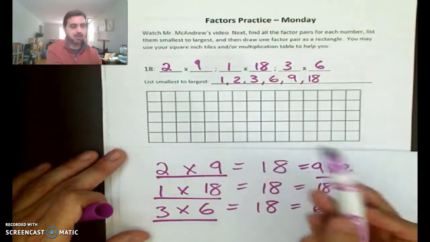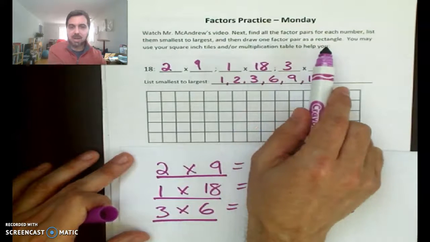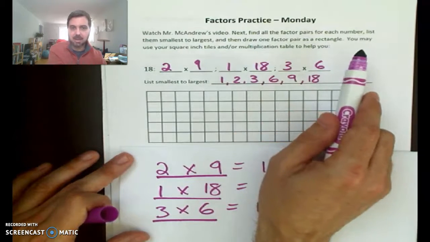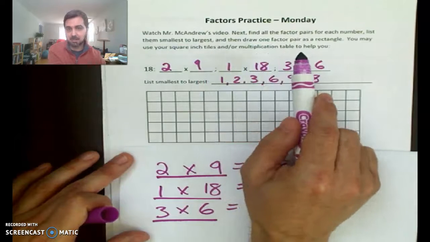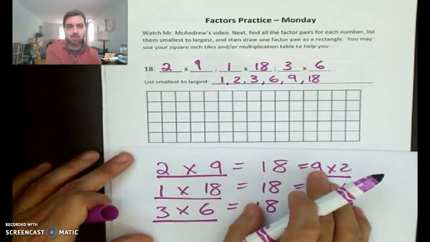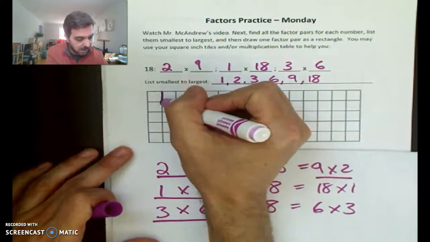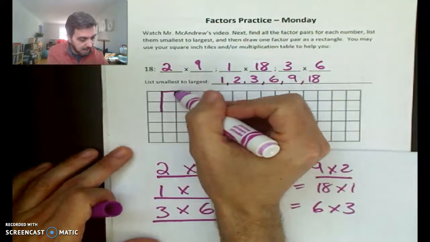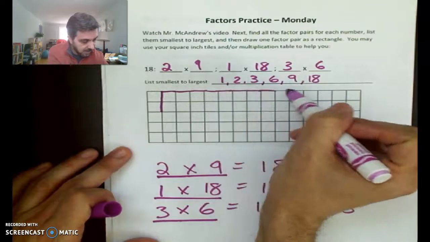And then what I would like you to do, it says, I want you to draw one factor pair as a rectangle. Okay? You may use your square inch tiles and/or your multiplication table, which I'll get to in a second. So pick one of the rectangles that you drew. It could be 2 by 9. So 1, 2, 3, 4, 5, 6, 7, 8, 9.